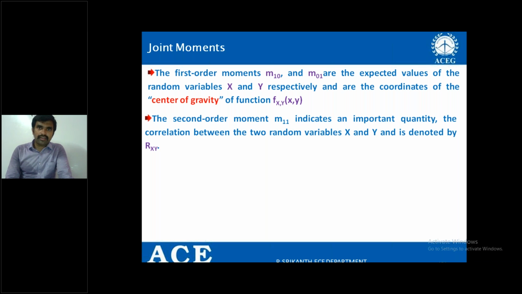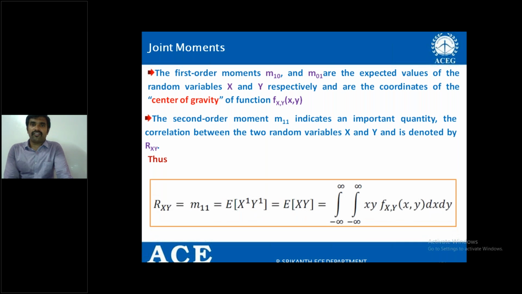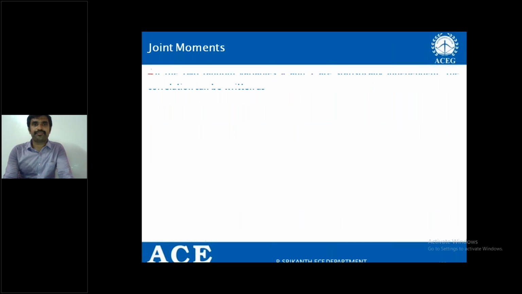Therefore, we can write rxy equal to m11 equal to expectation of xy equal to the double integral from minus infinity to plus infinity of xy into fxy of x comma y dx dy.